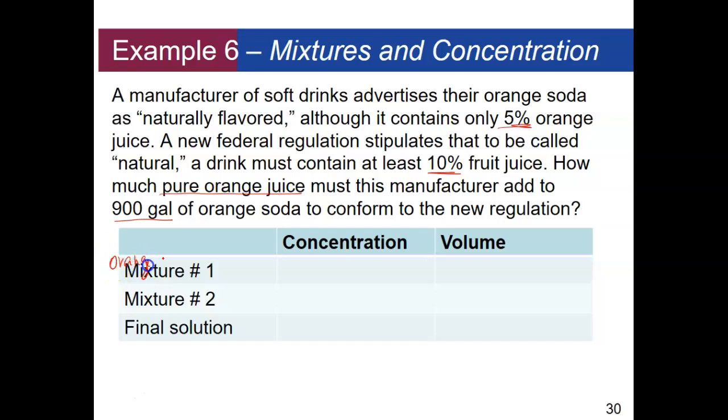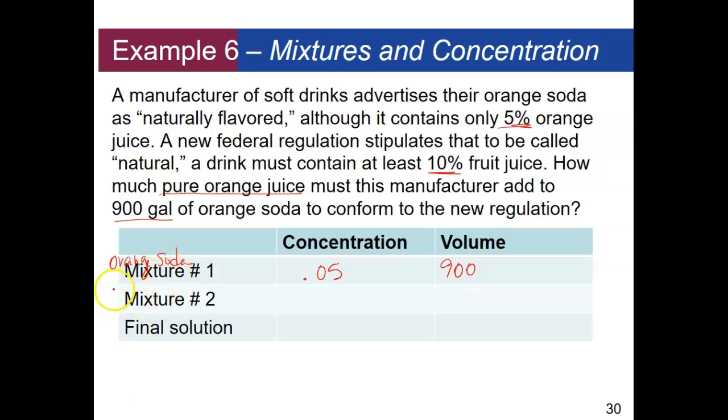So we're starting with the orange soda, and we know that the orange soda has a 5% concentration. So that's going to be 0.05 for its concentration. And we also know from the end here, it says how much orange juice must the manufacturer add to the 900 gallons of orange soda. So that's the volume that we're going to start with, 900 gallons of the orange soda.